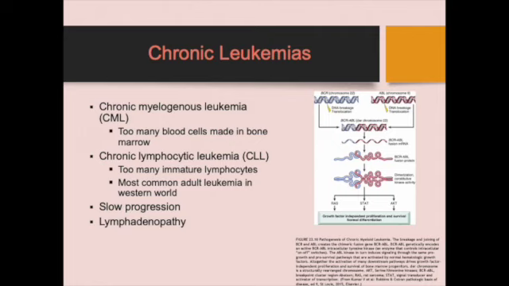And in an adult, the chronic lymphocytic leukemias are the most common here in the Western world. CLL is slow growing, in which too many immature lymphocytes are found in the blood and in the bone marrow.